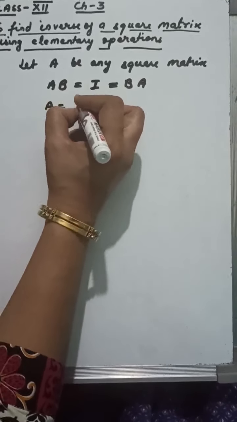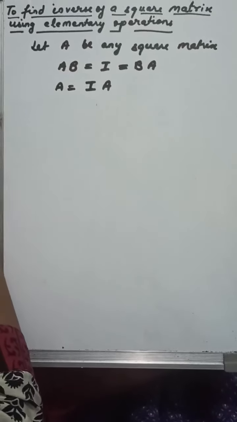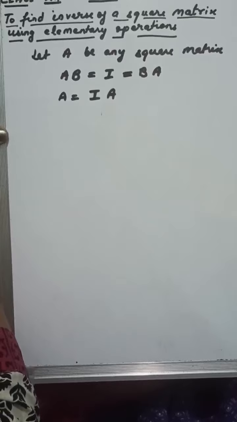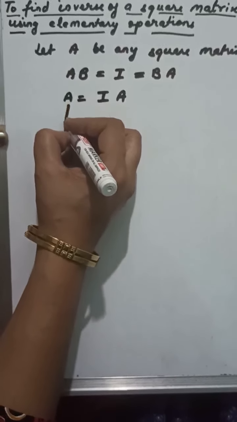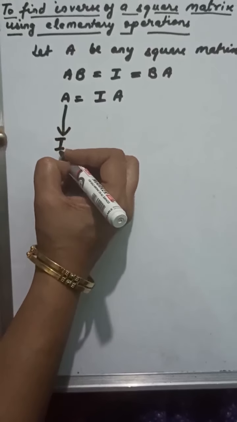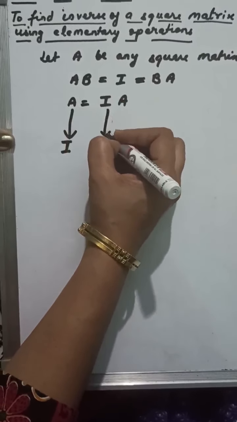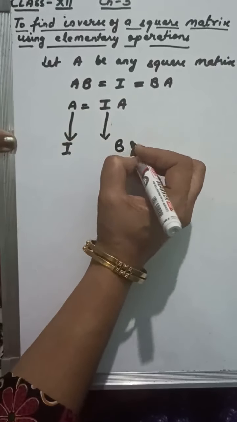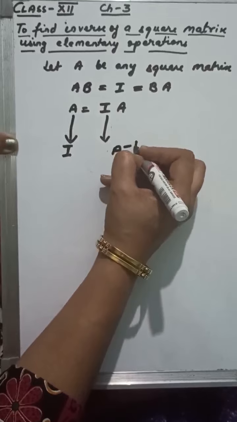So, let A be any square matrix. A can be written as I into A. Now, suppose we want to solve the question with the help of elementary row operations. Using elementary row operations, we convert this A matrix to identity and the simultaneous operations are applied on the other side, and this I will convert to a new matrix, that is B. Or instead of B, we can also write it as A inverse.